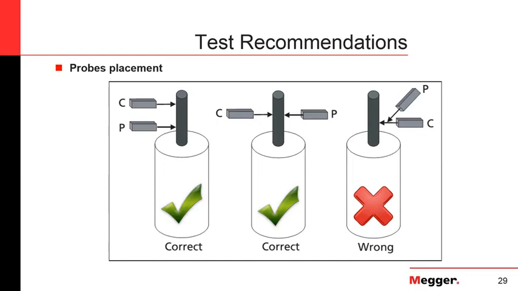As you can see in this slide, we should either put the potential probe inside the current probe, or at least in line with the current probe, and never connecting the potential probe directly to the current lead, because that will include that small voltage drop on the connection between the current probe and the conductor we are testing.